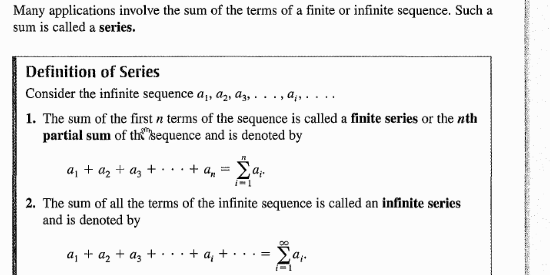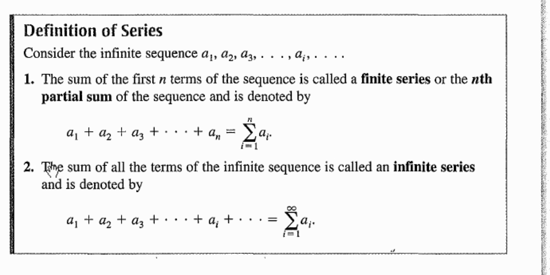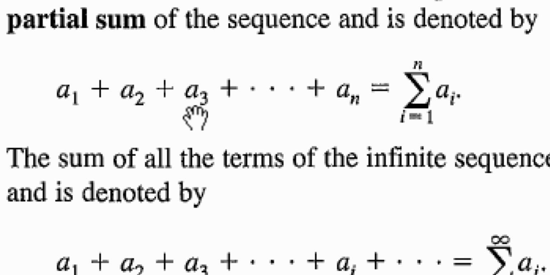The sum of the first n terms of the sequence is called a finite series, or the nth partial sum of the sequence, and is denoted by the following. a sub 1 plus a sub 2 plus a sub 3, all the way up to a sub n, is equal to sigma, where i begins at 1, to n of a sub i.